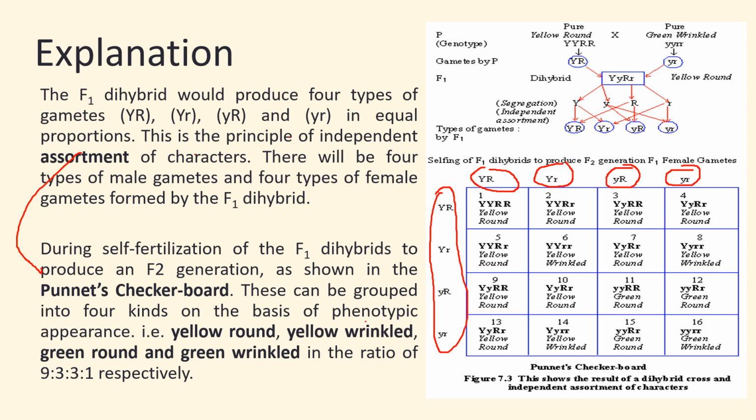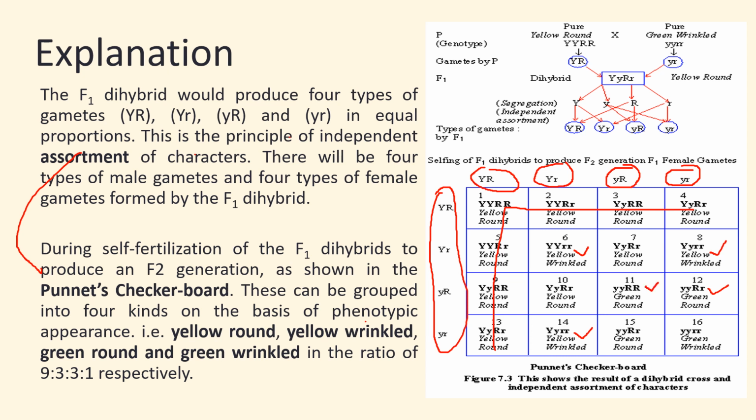this can be grouped into four kinds on the basis of phenotypic appearance, like yellow round. You can see yellow round in these corners, yellow round individuals, and yellow wrinkled. You can find these are the yellow wrinkled. Then again, yellow wrinkled individuals, and green round individuals can be found here.